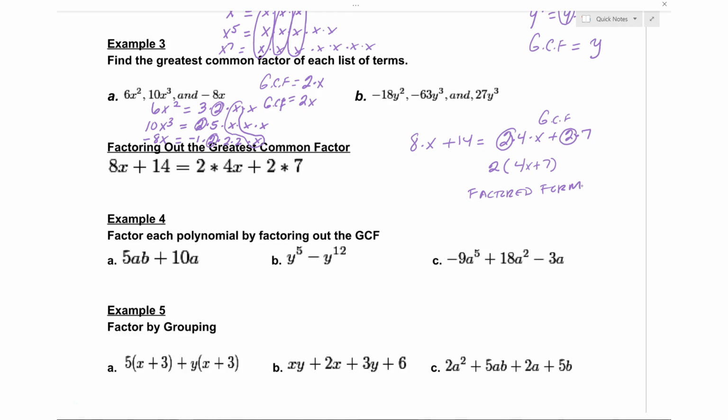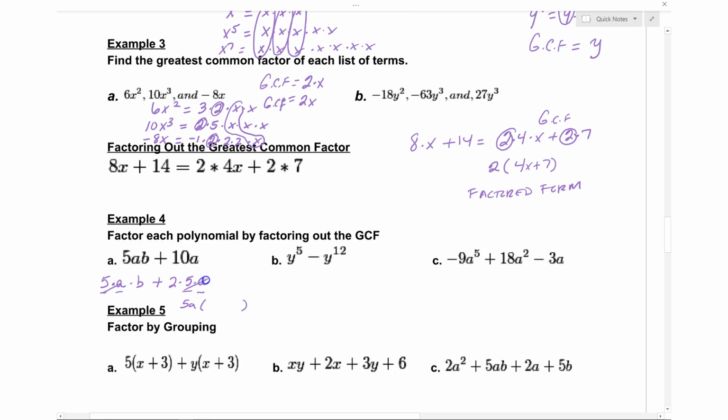If we look at example 4, we have 5 times A times B plus 10, which is the product of 2 times 5 times A. You notice that the GCF will be the 5 and also the A. So we're going to factor out the 5A.